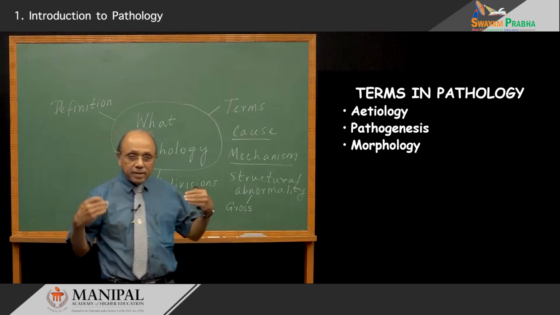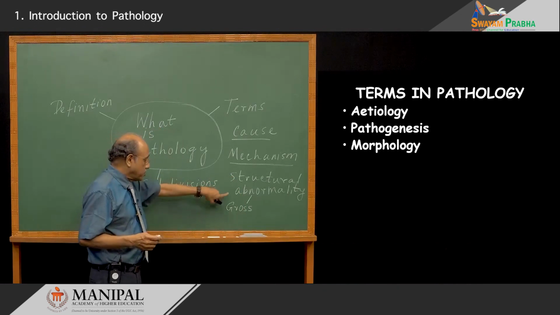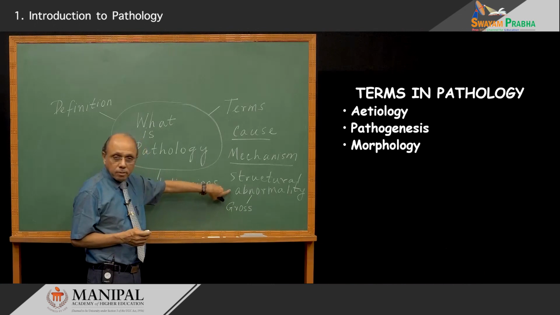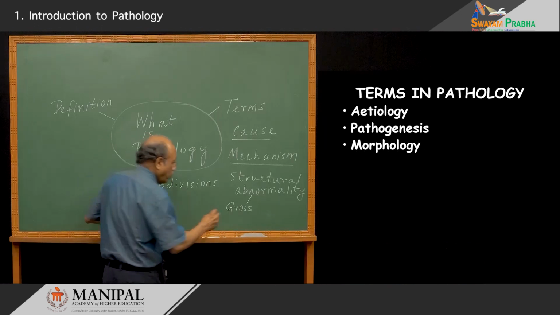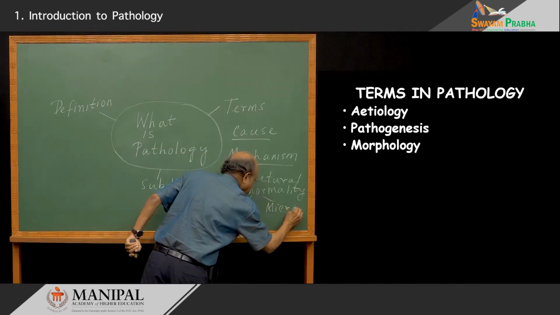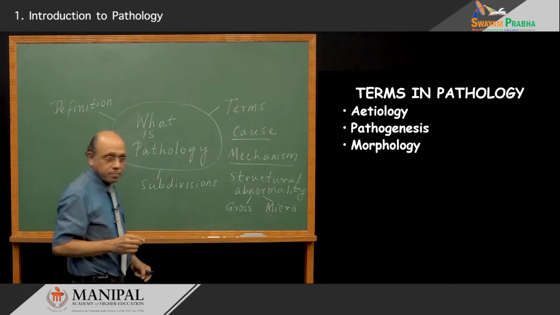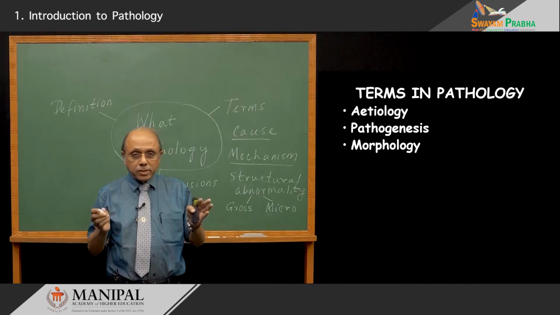that is naked eye appearance. So, structural abnormalities or morphological changes could be at gross level or it could be at microscopic level. So, when we talk of morphology, we look at two aspects.